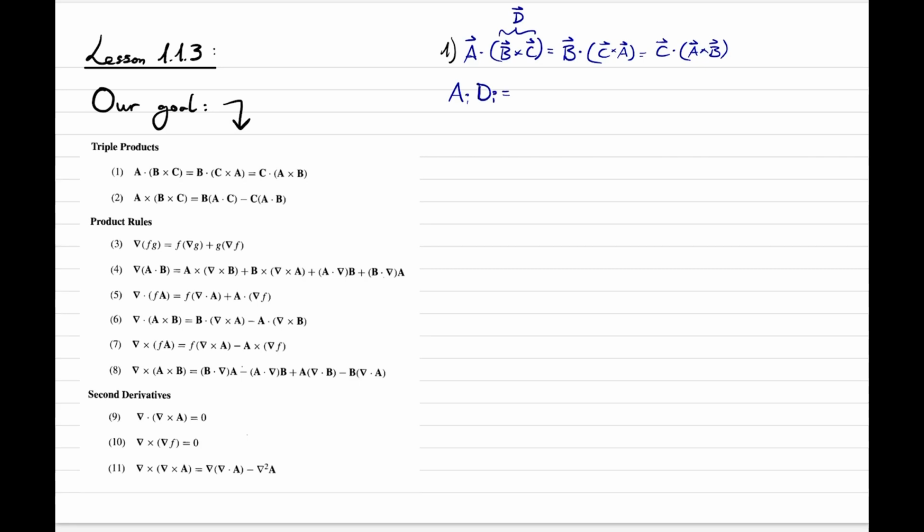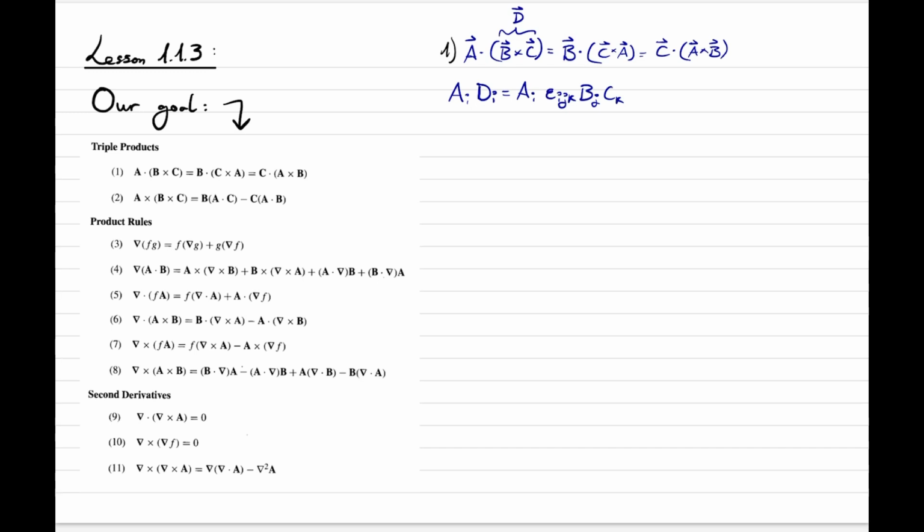Now, we saw in lesson 1.1.2 that if we have a vector, in this case D, which is a cross product of another two vectors, it's written as follows. Okay, so we are going to demonstrate, for example, this equality. We are going to arrive at this result.